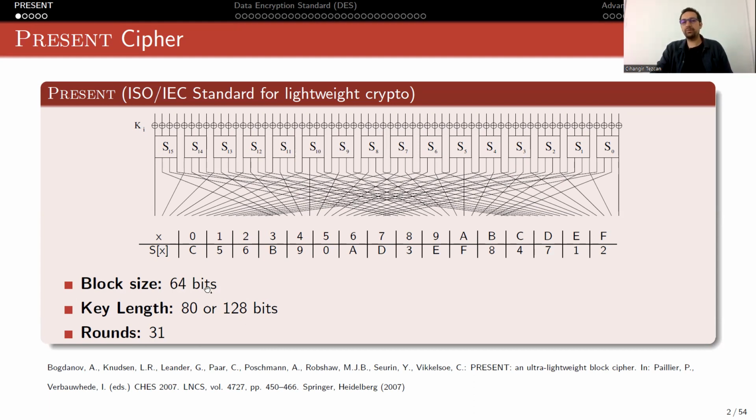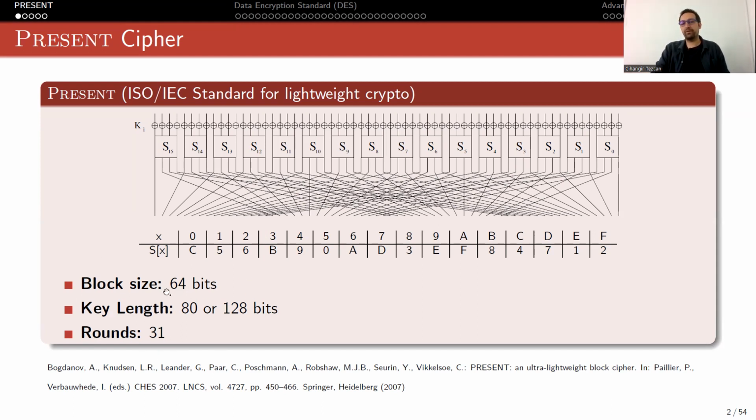Block size is 64 bits. I have 64 lines here, all of them representing a single bit. This shows the size of the data that you are going to encrypt, and it also affects your throughput, because you encrypt 8 bytes at a time, since 64 bits is 8 bytes. So these characteristics are important.